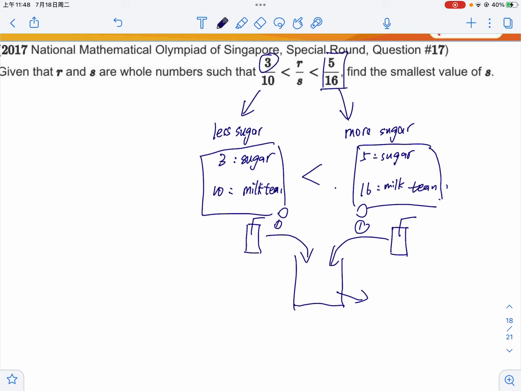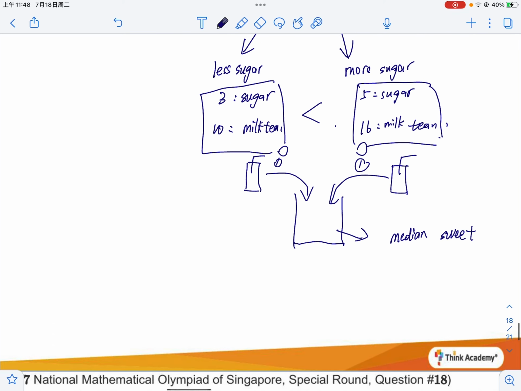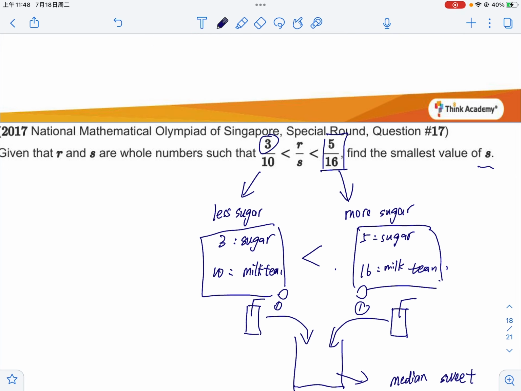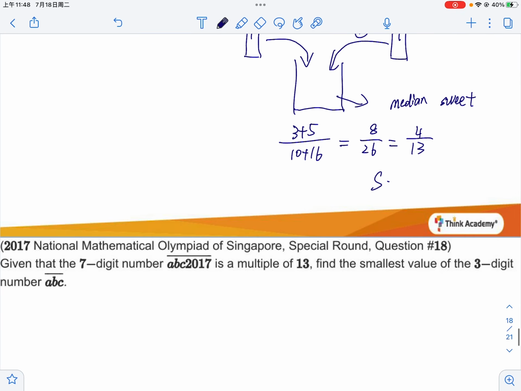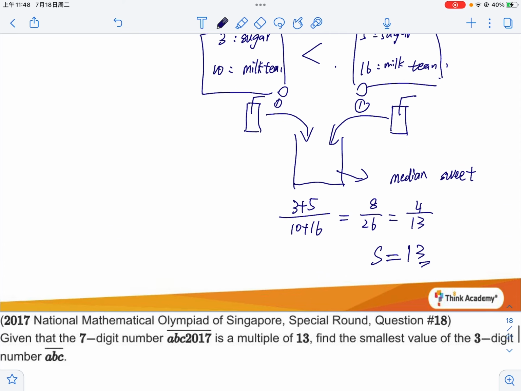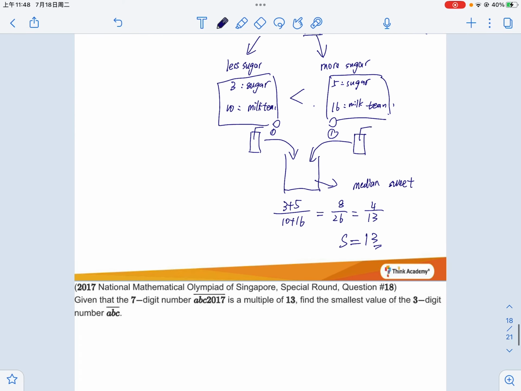So this cup is the medium sweet. In this medium sweet milk tea, how much sugar do we have? 3 plus 5. And how much milk tea? 10 plus 16. It is 8 over 26, which is 4 over 13. Then the question asks for the smallest value of s. So s equals 13. Yeah, here's the answer, 13.